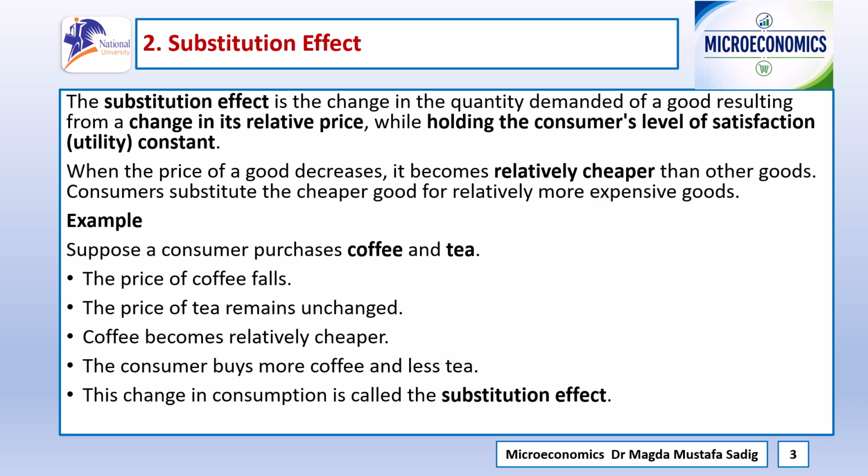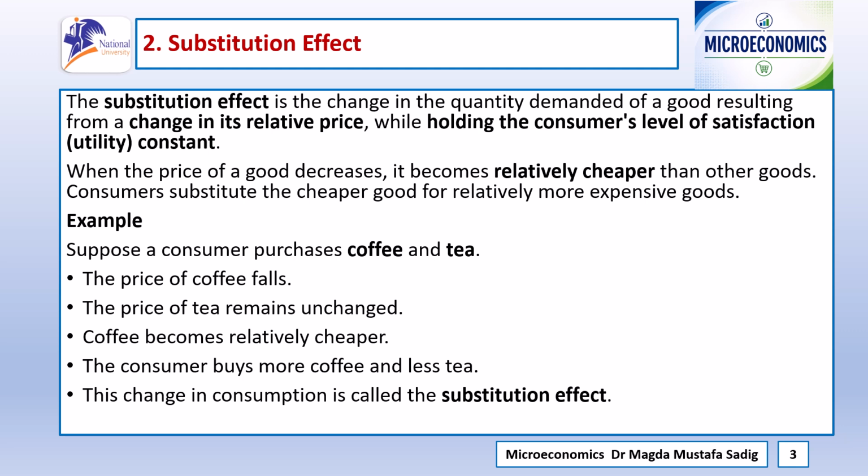Let us come to the substitution effect, the first component. The substitution effect occurs because consumers compare prices. People naturally substitute away from relatively expensive goods and toward relatively cheaper goods.